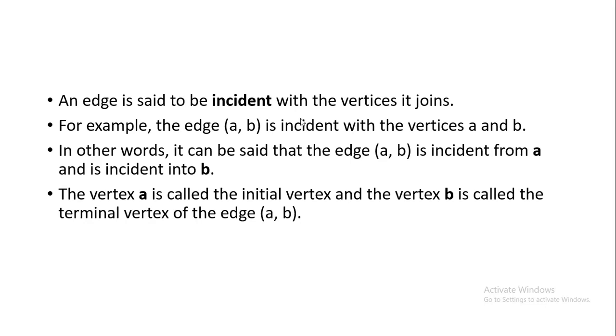That edge is incident from C and is incident into D. The vertex A, in the case of the edge AB, is called the initial vertex and vertex B is called the terminal vertex of the edge AB.